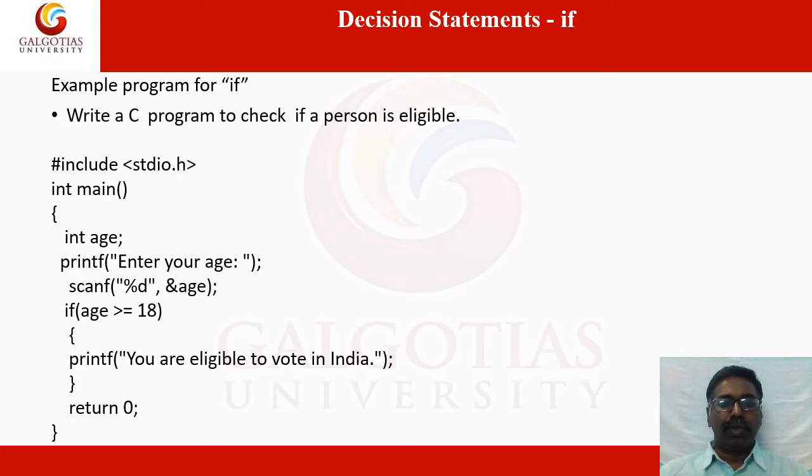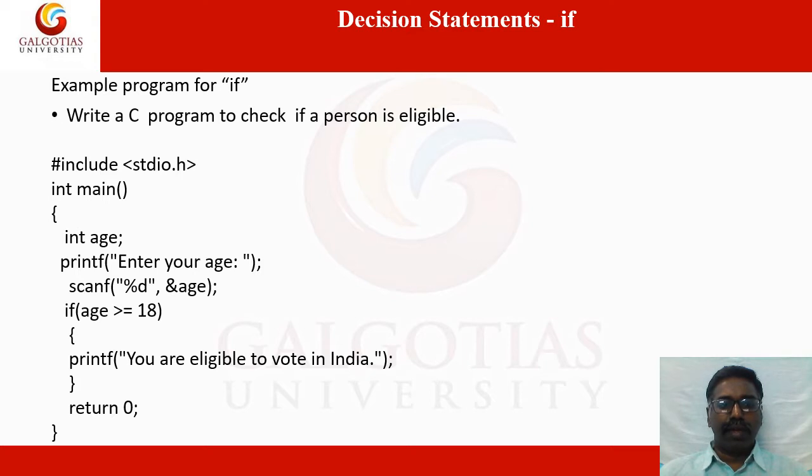Here, what is the logic we are going to apply? We need to check if a person is eligible to vote. So first of all we need to get the age of the user, and then check whether the age is greater than or equal to 18. If it is greater than or equal to 18, then we can announce that the person is eligible to vote. That's all.